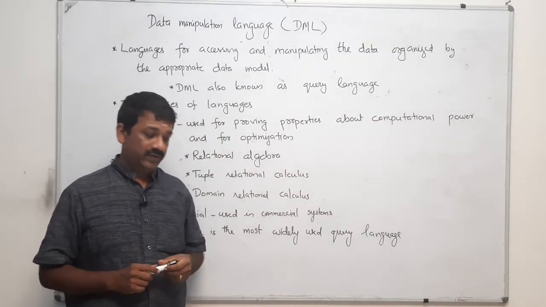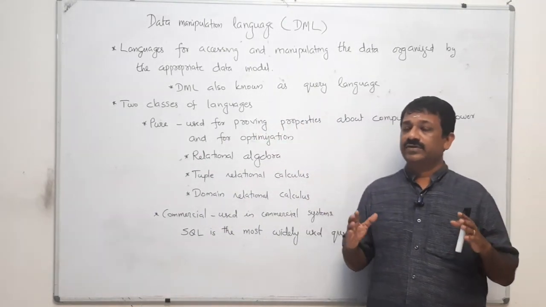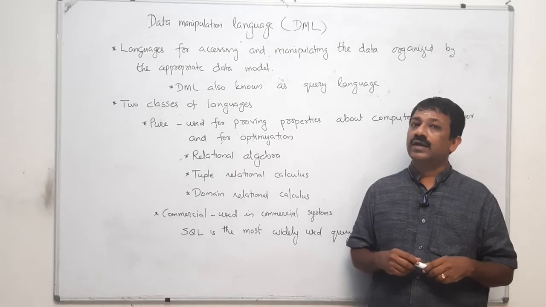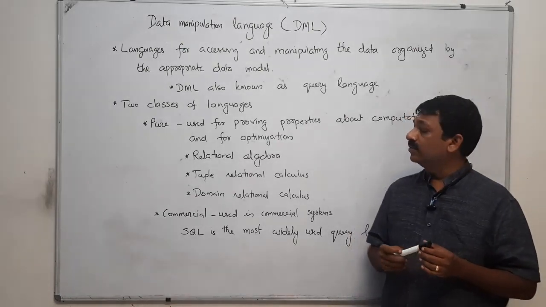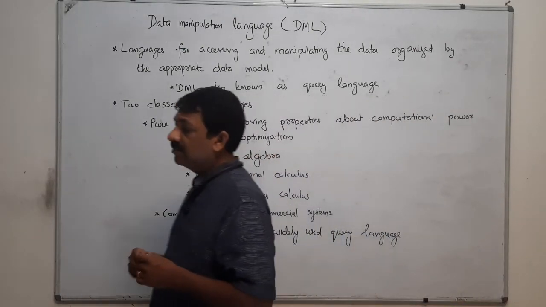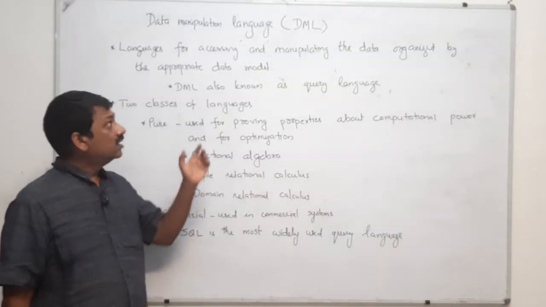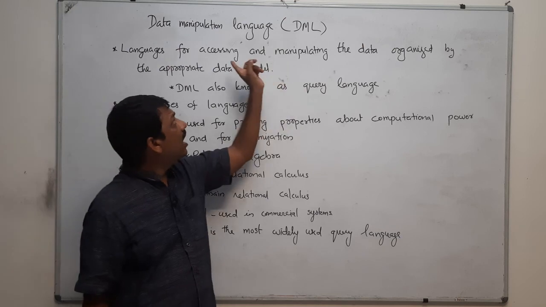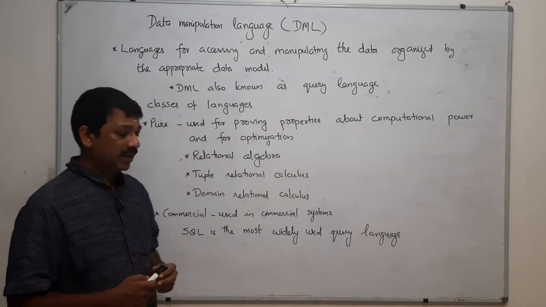Data manipulation language. What is data definition language? In data definition language, as per our logical schema, we are going to create database tables. For creating a table, we can make use of a data definition language, whereas data manipulation languages are for accessing and manipulating the data organized by the appropriate data model.